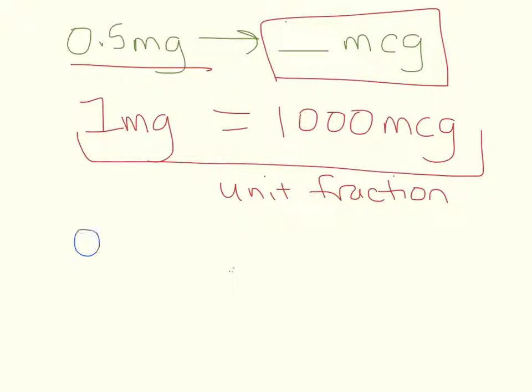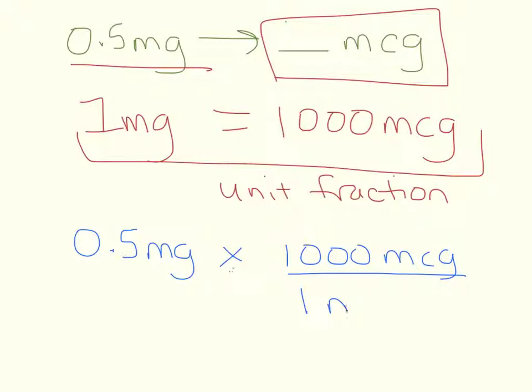So we should get 0.5 milligrams multiplied by 1,000 micrograms over 1 milligram. And before we even do the math here, we should just do a quick check to see if the milligrams are canceling out and we're left with the micrograms.